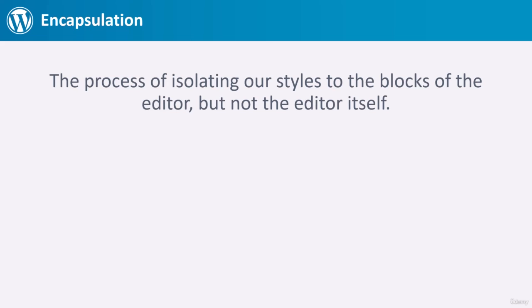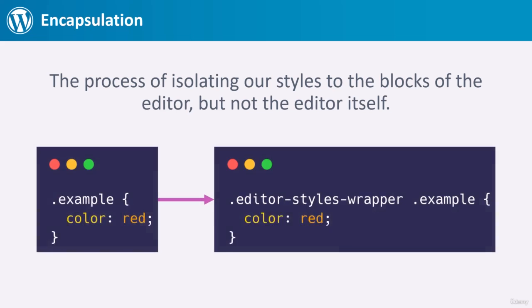To avoid this issue, WordPress will modify your CSS code. In most cases, this shouldn't break your site. This process only applies to the Gutenberg editor. It does not affect the front end or final result. Here's an example of how encapsulation works. We have a class called Example. During the loading phase of the Gutenberg editor, the Editor Styles Wrapper class is added.